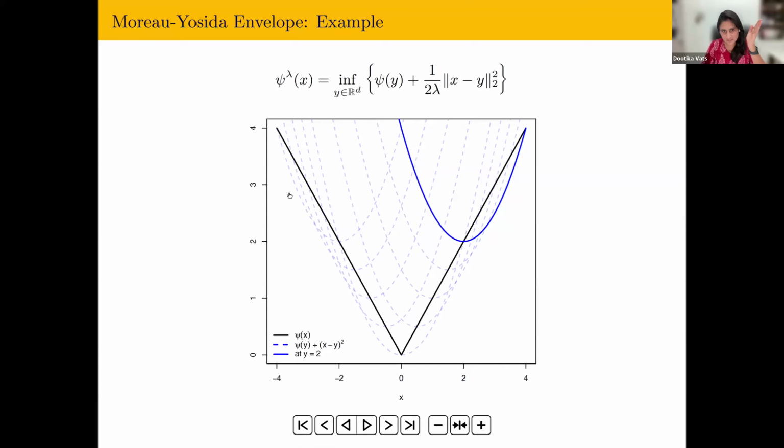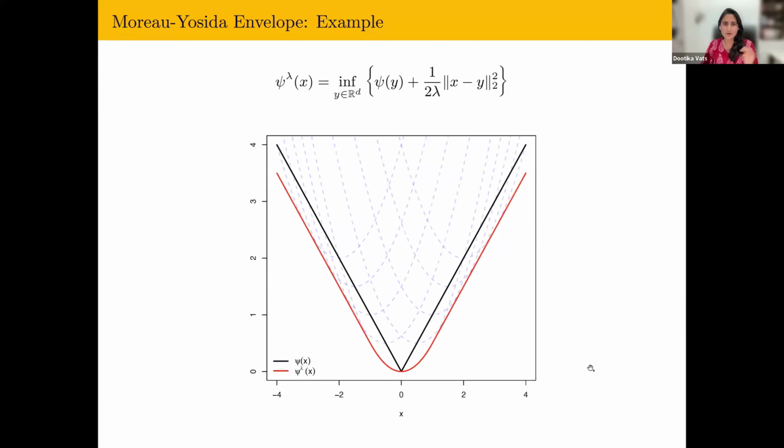And so in this way, the smallest value is just going to be the line joining each of these blue boundaries, so to say. And so the psi lambda x is going to be that pointwise infimum, which is going to look something like this red curve over here, which is then going to be my psi lambda x. In this example, psi lambda x turns out to be the popular Huber loss function.